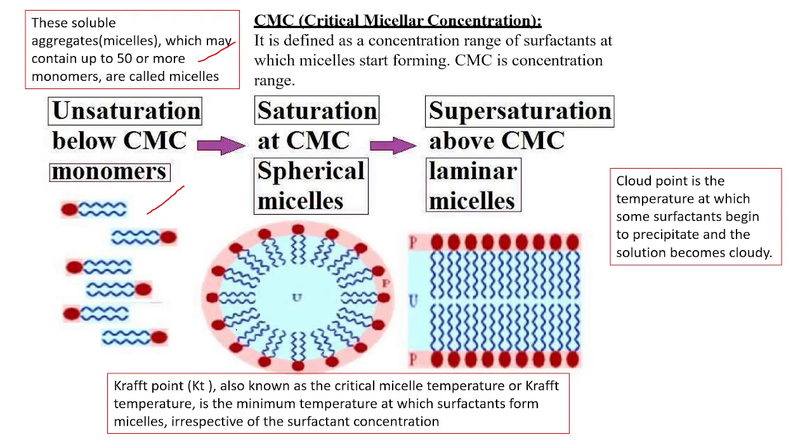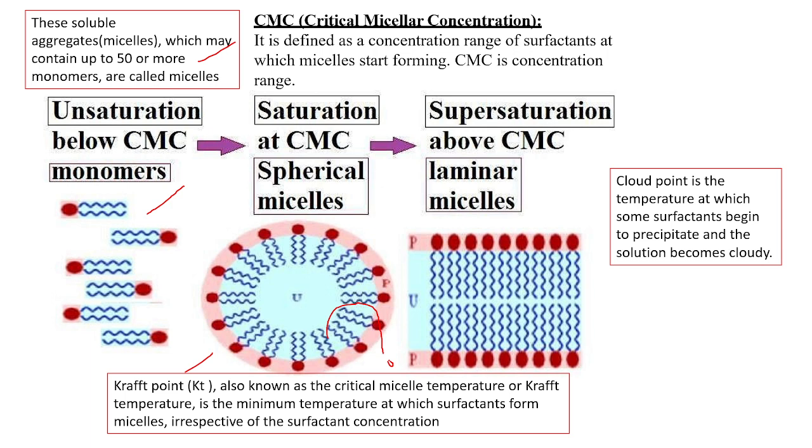Next is another concept, the Kraft point. What is the Kraft point? CMC is a concentration of surfactant, whereas the Kraft point is simply a temperature. It is the temperature at which there is a formation of spherical micelles.